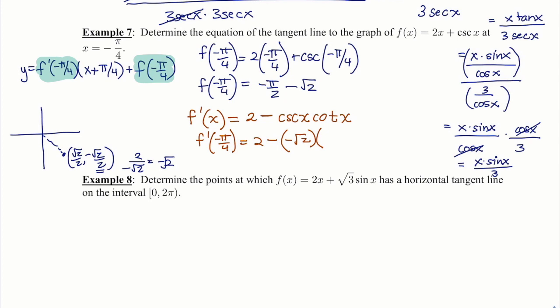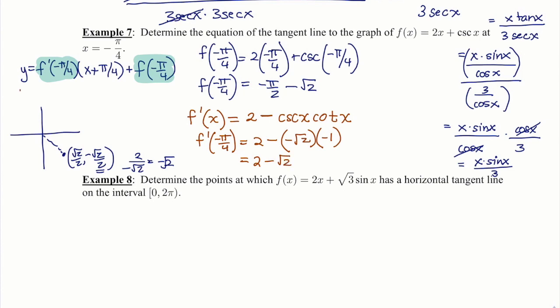The x and y coordinate at that point on the unit circle are the same absolute value, but they have opposite signs. So when I take the ratio of x to y, I'm just going to get negative 1. So it looks like I have 2, and it's going to be subtraction because I have 3 negative signs multiplied together. So 2 minus square root of 2 for this slope.